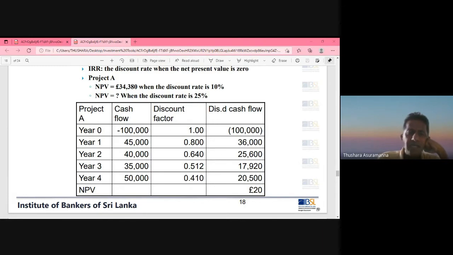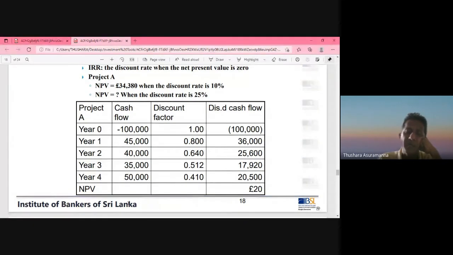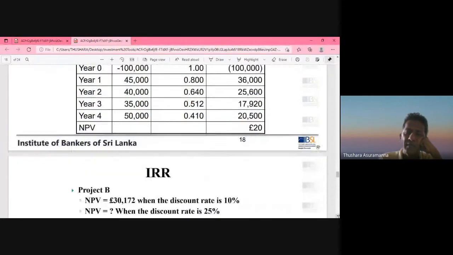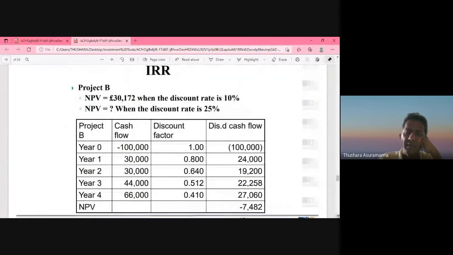But luckily in this example, without computing the negative NPV, we ended up with a 0 NPV when we increased the interest rate up to 25. So without further ado, we can say NPV is 0 at 25, then the IRR for project A is 25. Let's see what we are going to do with project B. Right.